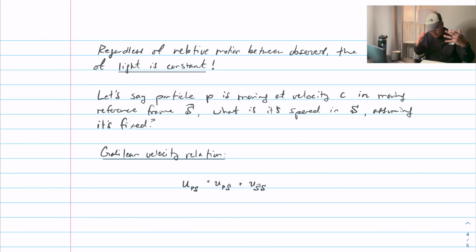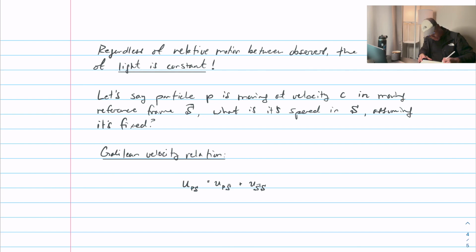So the velocity of the particle to the ground observer is equal to the speed of the particle in the moving reference frame plus the speed of the reference frame with respect to the fixed reference frame. If I'm watching a train go by and somebody's running on the train from one cart to another, they're moving at one velocity. But to me on the ground, I have to look at the full picture and say that they're moving relative to the train and the train is moving relative to me.